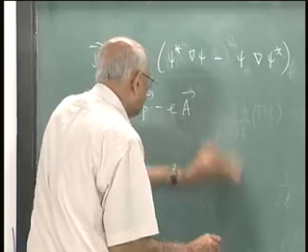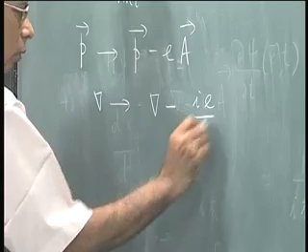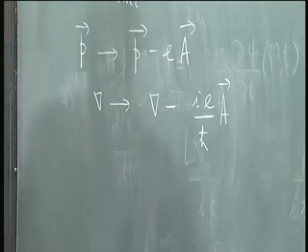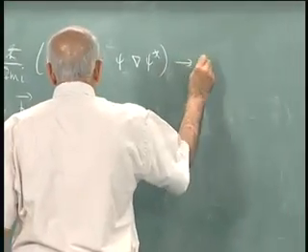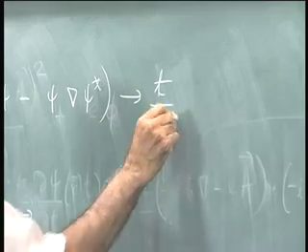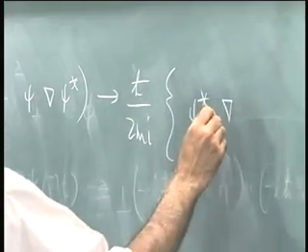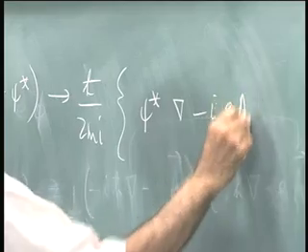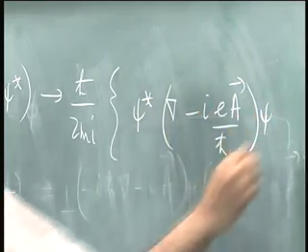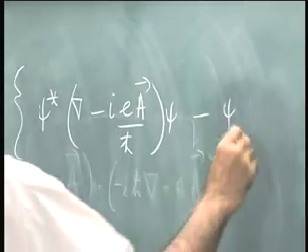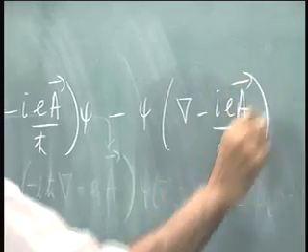So del minus ie over h cross A. This is the replacement that you have. So this goes to h cross over 2mi, psi star times del minus ie A over h cross on psi, minus psi times del minus ie A over h cross on psi star.